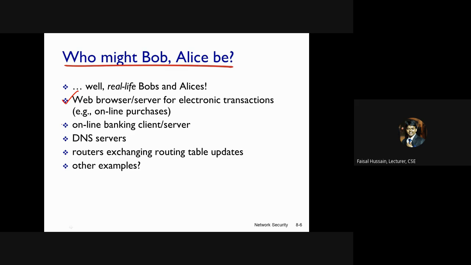Another example could be an online banking client-server situation or a DNS server. As you already know, the DNS server holds all the mapping between the domain name and the IP address. So it can give you the IP address for a particular domain, like facebook.com. What will be the IP address of that particular address? So the DNS server plays a great role while you are browsing. This DNS server can be attacked to take you to a different IP address.